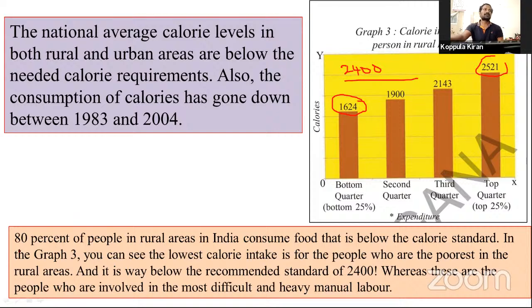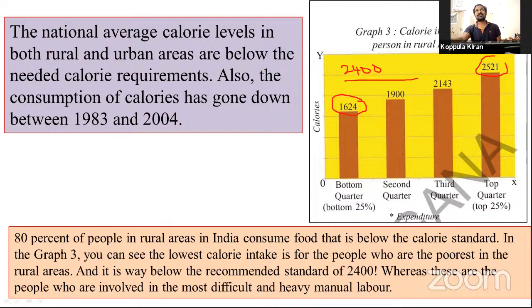But look at this paragraph. 80% of people in rural areas in India consume food that is below the calorie standard. In graph 3, you can see the lowest calorie intake is for the people who are the poorest in the rural areas.